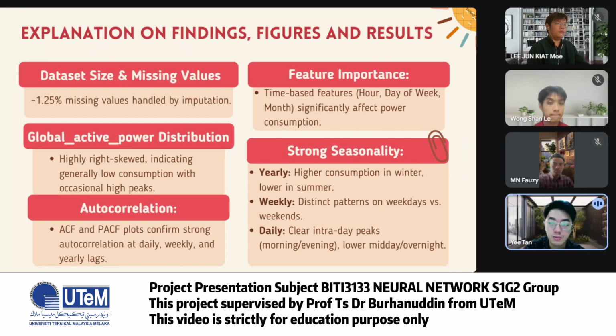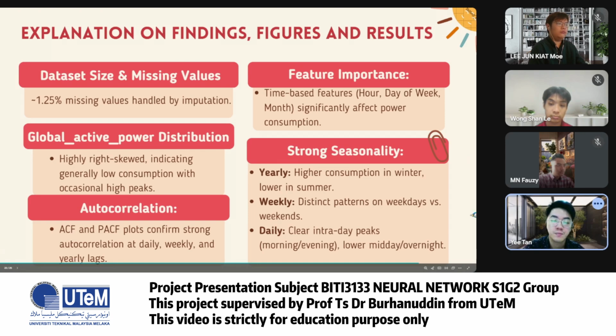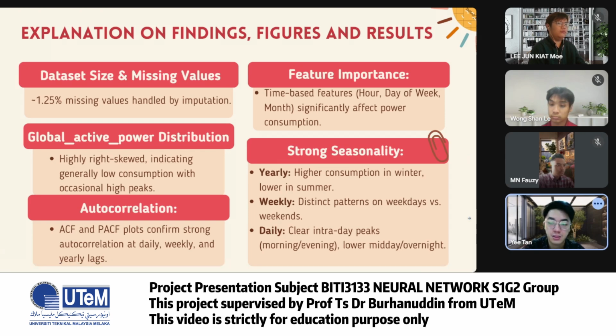For the next one, the explanation of findings, figures, and results. The missing data, which is around 1.25%, is handled by imputation. For feature importance, time-based features, meaning the hour, day of week, and month, significantly affect the power consumption. The global active power distribution is highly right-skewed, indicating generally low consumption with occasional high peaks.